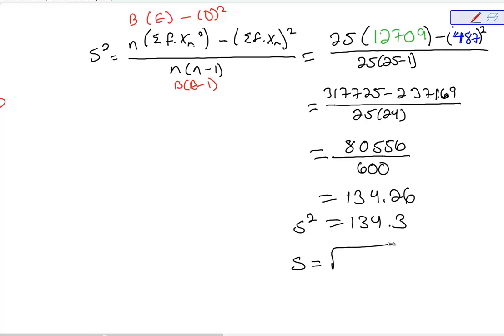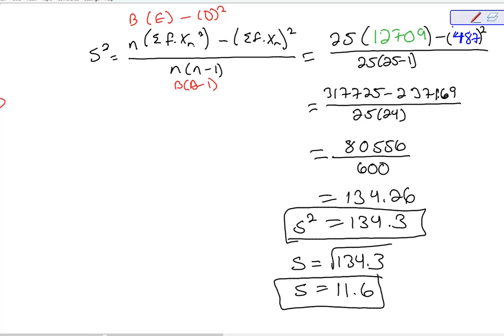So my sample standard deviation for this is the square root of 134.3, which is going to round to 11.6 for this grouped data. Grouped data does go much more into detail like this. Okay? Variance and standard deviation are much more in-depth, a little bit more detailed. It is going to take a lot more practice.